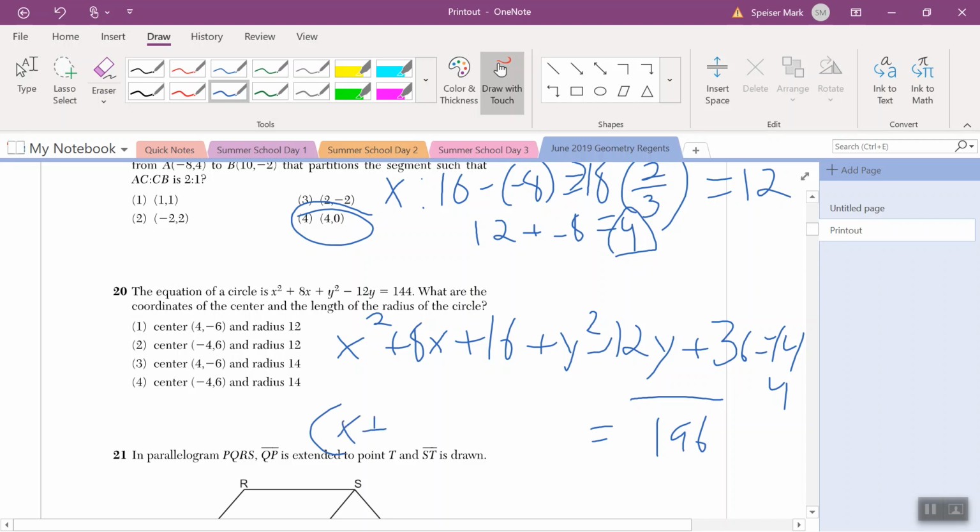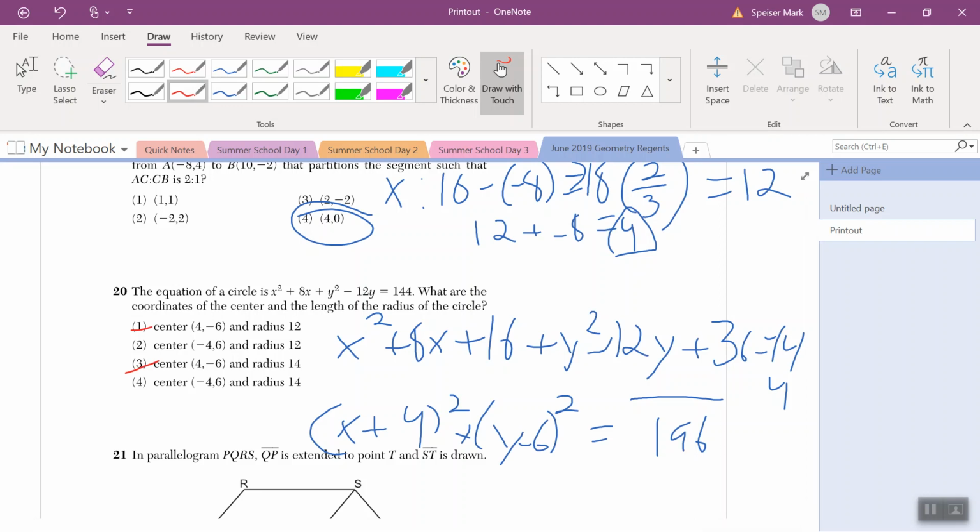So (x plus 4) squared plus (y minus 6) squared means you have a center of negative 4, positive 6, eliminating choices 1 and 3. Now if our r squared is 196, that means we know for a fact that our radius is 14.